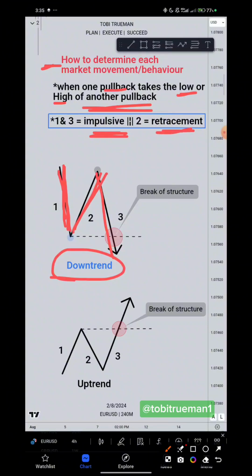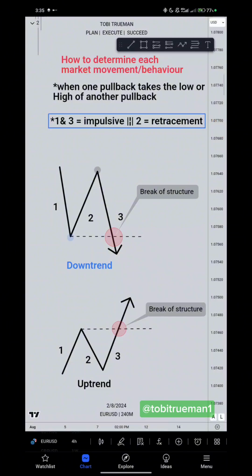Retracement, to a particular point anywhere in the market, you don't have to stress yourself about that. Then price came down again to this low point that was formed. After price has taken it out, you can now say this is a downtrend.